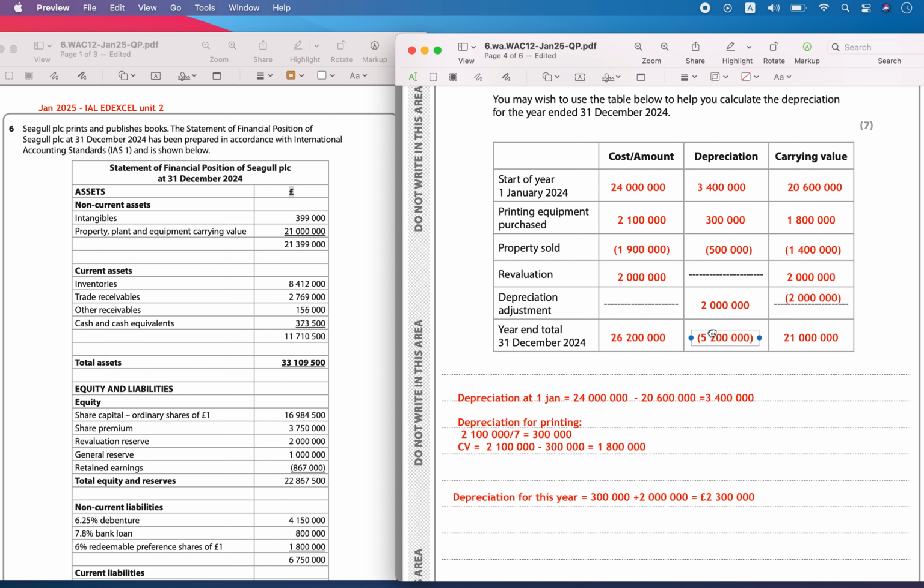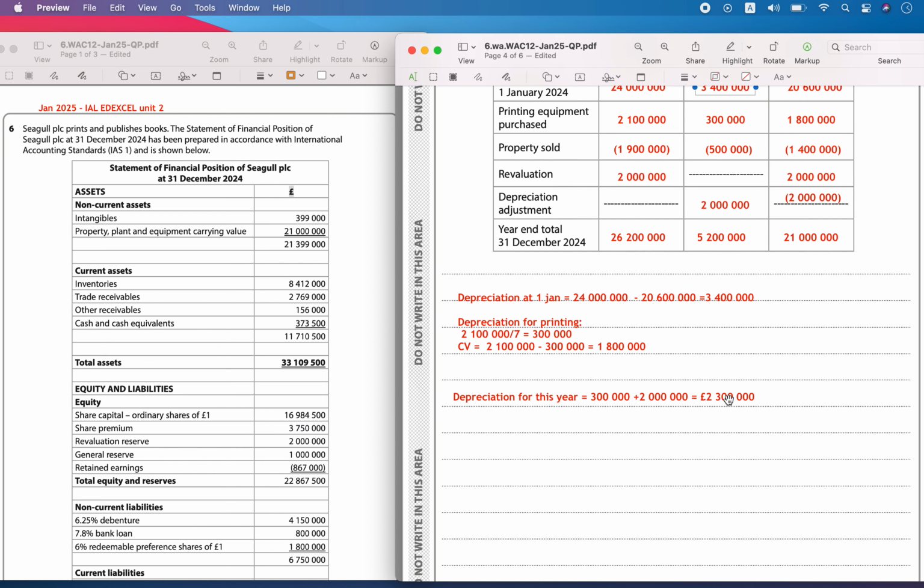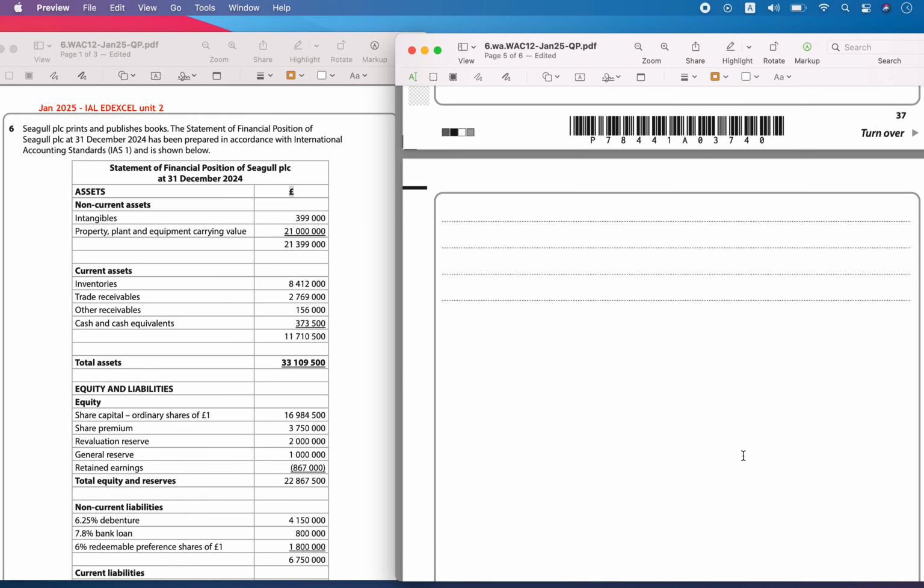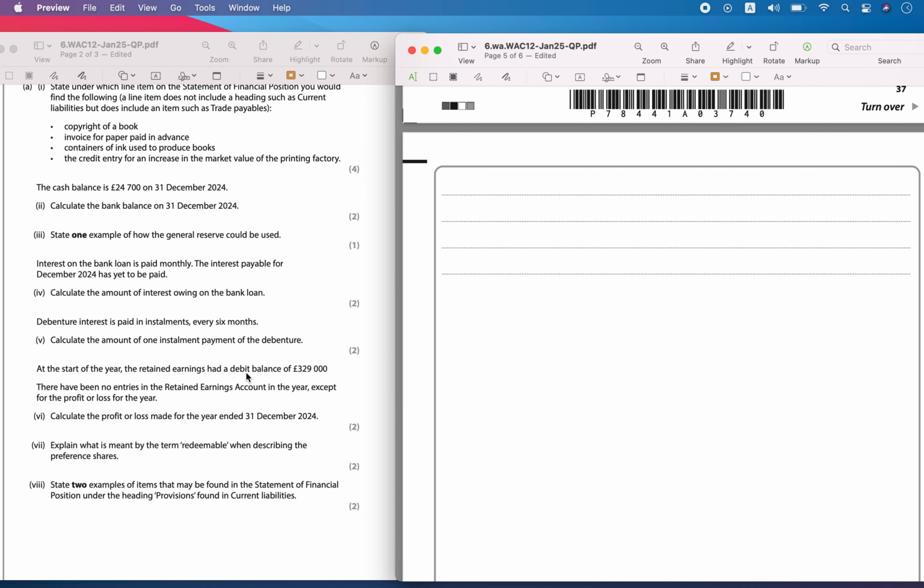This indicates the total depreciation. You can write it as negative or just leave it as a positive value. So the depreciation is 5.2 million, the depreciation this year is 2.3 million, and at the beginning it was 3.4 million. So this is the adjustment we have to do.